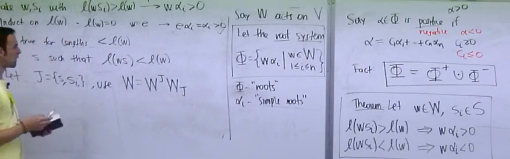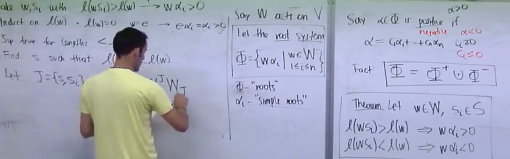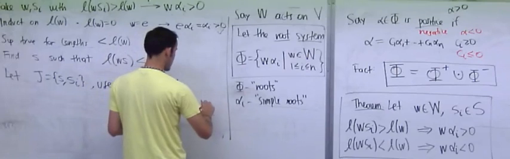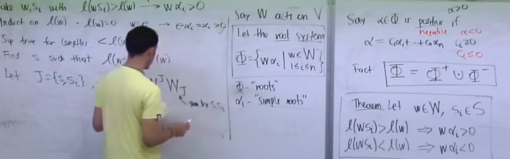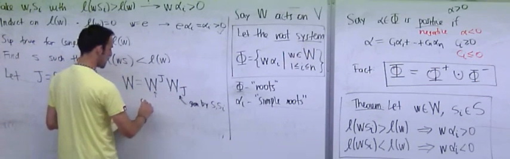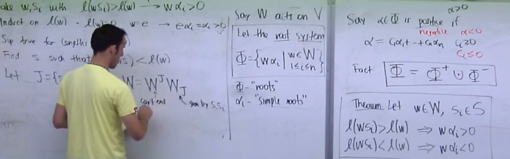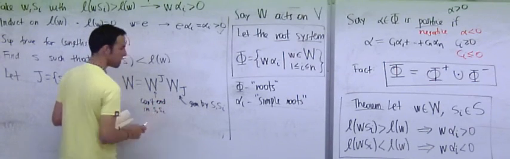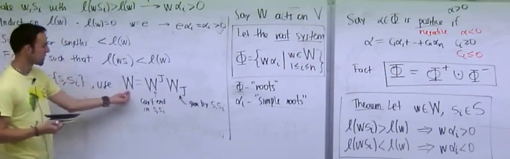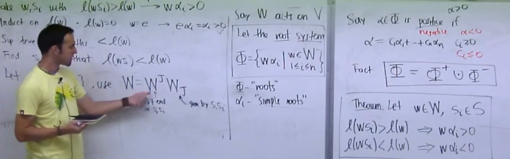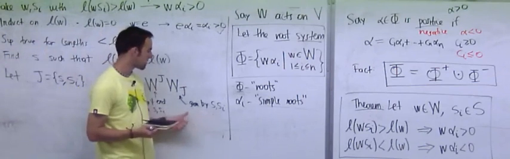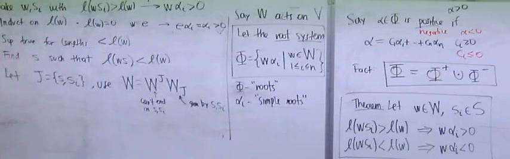Okay. Now let me remind you what these things are. This is the parabolic subgroup, which is the things that are generated by s and s_i. And remember that these are the things that cannot end in s or s_i. And so we said that the way you get a factorization for W is that basically you write it as far as you can, except that you can't end in s's or s_i's, and then you accomplish that ending with W sub J. Okay.